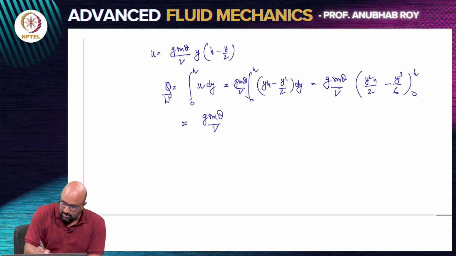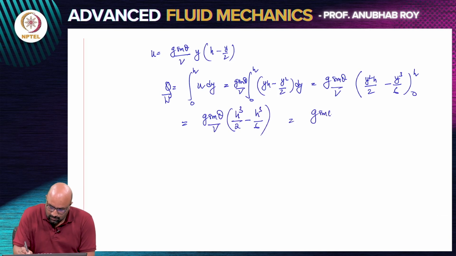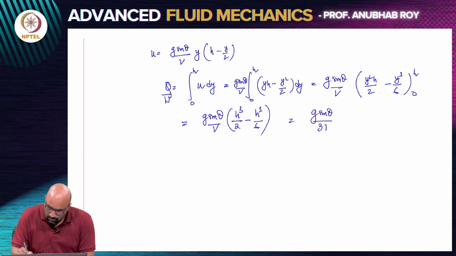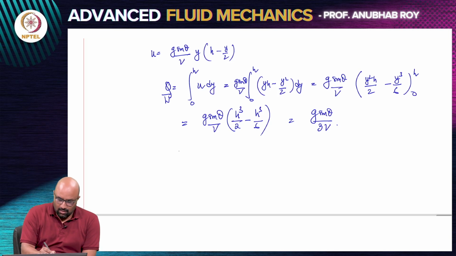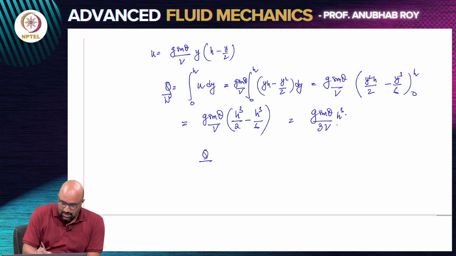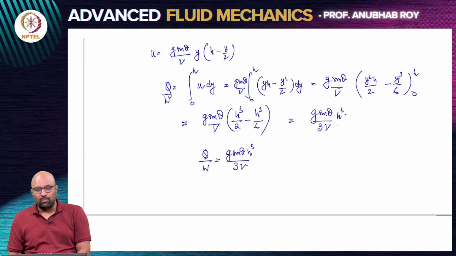So, g sin theta by nu [h cube by 2 minus h cube by 6]. So, that is your h cube times 1/3. So, the flux per unit depth would be g sin theta h cube by 3 nu.